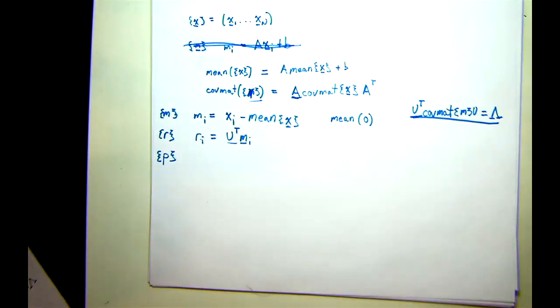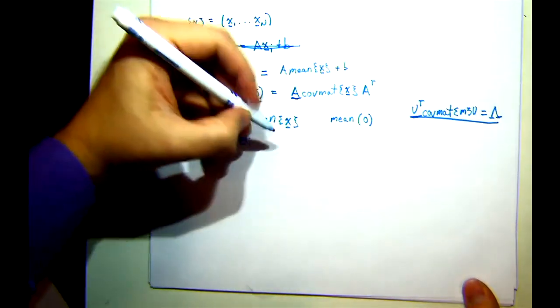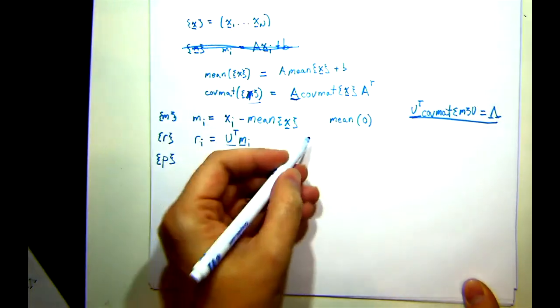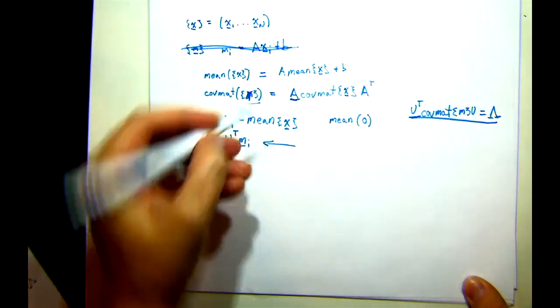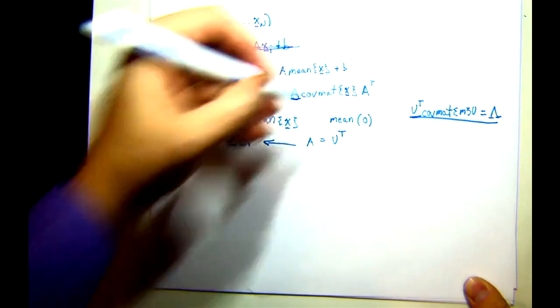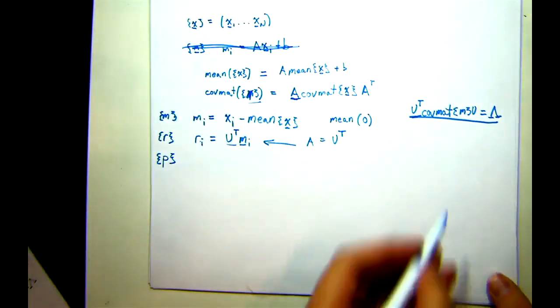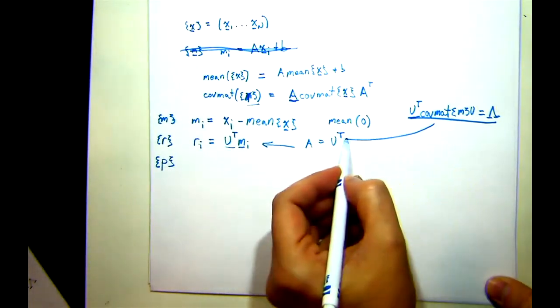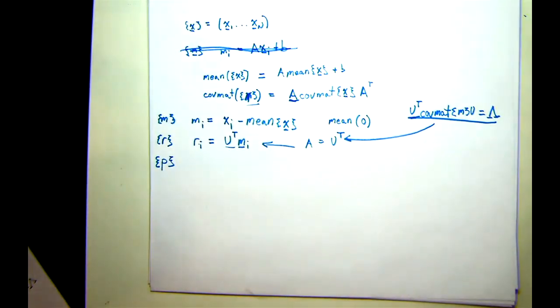And then we're going to choose the A. At this step, we're going to choose A to be equal to U^T, where U^T is found through that. So I just did a substitution there.